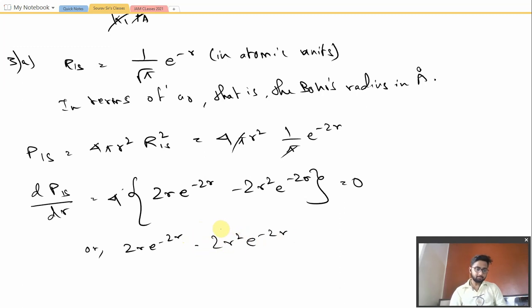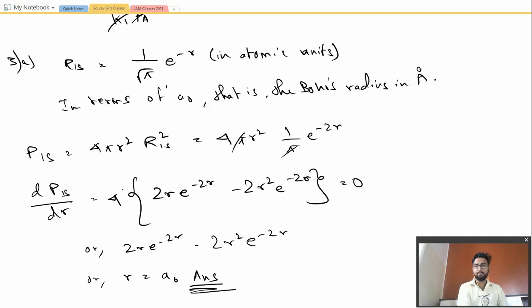From this we solve it and we get the value of r to be equal to a naught, which is the single Bohr unit. So a naught would be the answer in this case. This was kind of an easy sum, obviously.